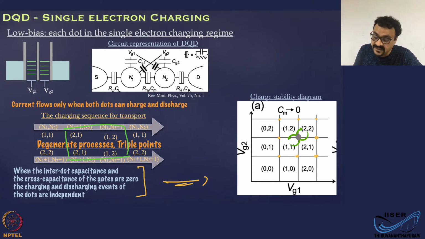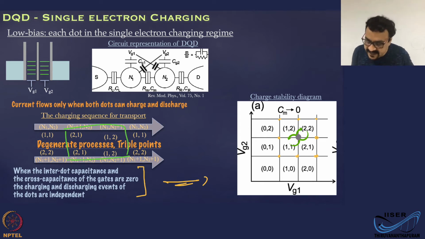Okay. So this is the situation when you have Cm, that is the capacitance between the dots, and these two cross capacitances are 0. When these are 0, what you are going to have is a square lattice or a rectangular lattice of points wherever you are going to get currents through it. So these points represent, in a current-voltage characterization, the points in the gate voltage space, VG1 and VG2 space, where you are going to get non-zero current.